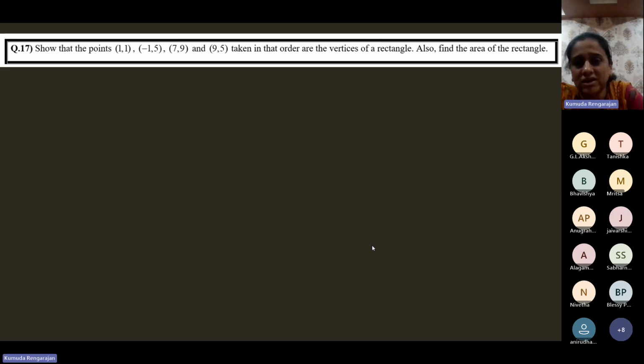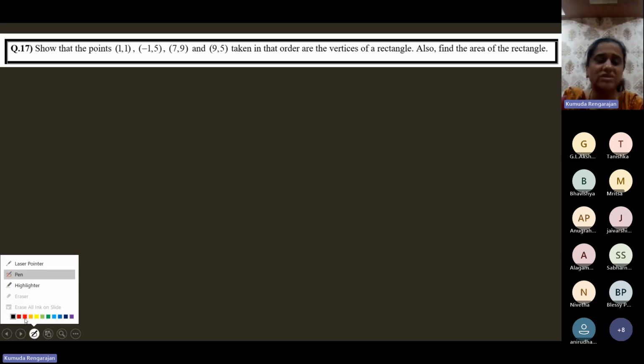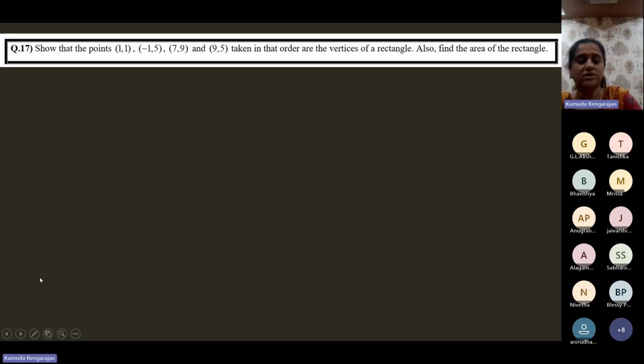To show that it's a rectangle, you need to also show that the diagonals are equal. So in a quadrilateral, when opposite sides are equal and diagonals are also equal, it's a rectangle. If only opposite sides are equal, it's a parallelogram. Just make a note of this and write it out for you.